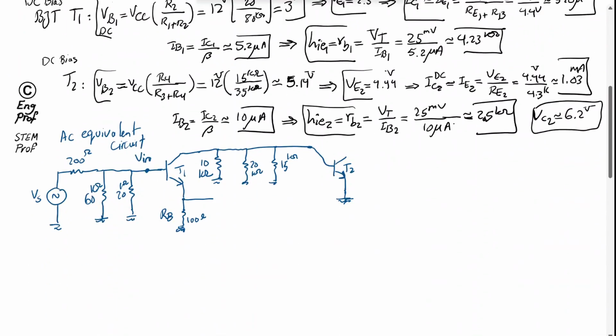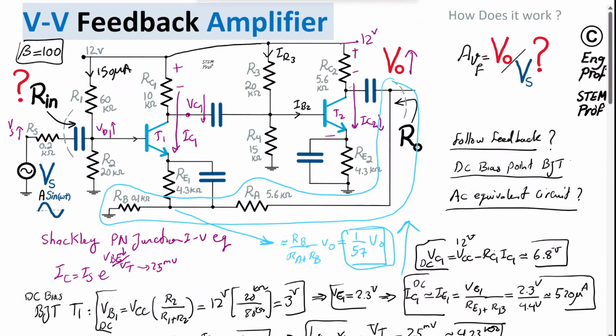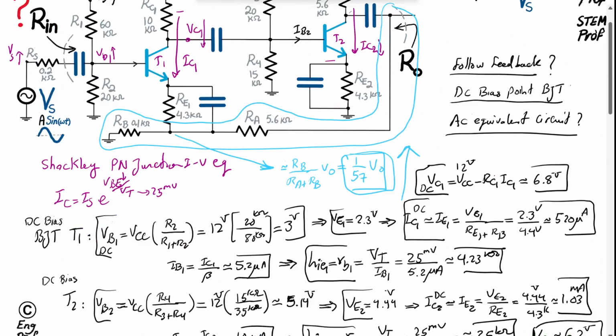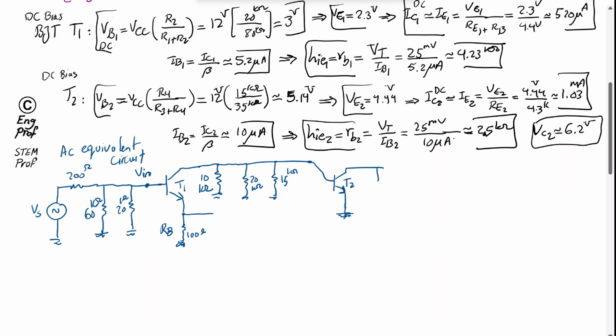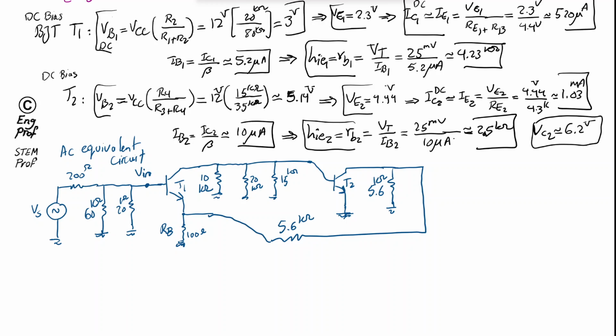So we have the 5.6 kilo ohm grounded. And then finally we have this route, 5.6, back to the emitter of transistor 1. And here is the output. This is the AC equivalent circuit.